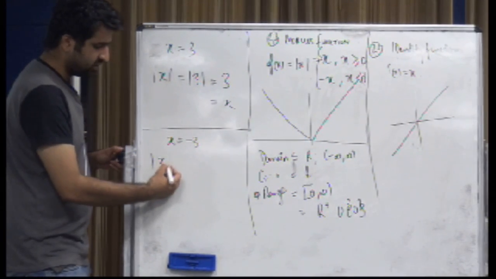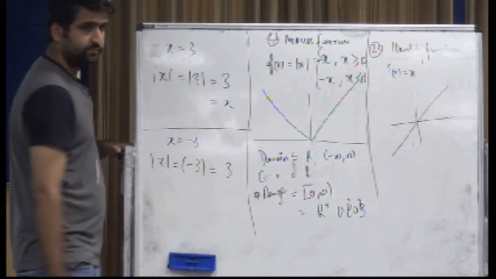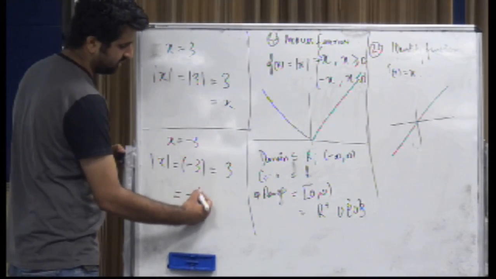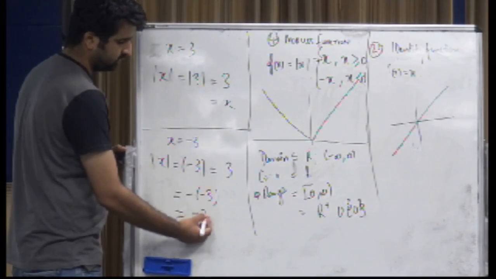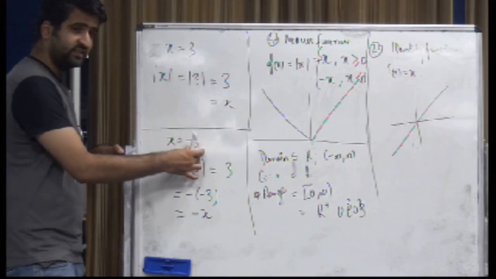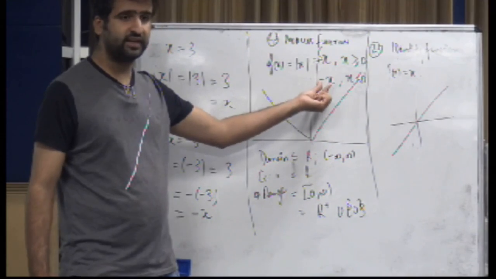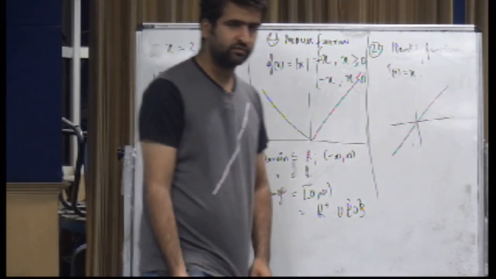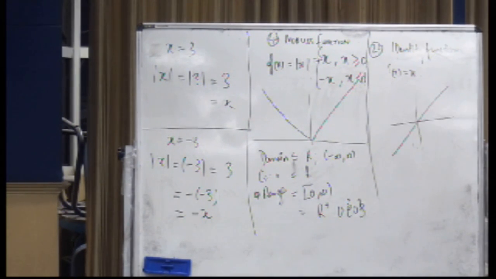If I take modulus of minus 3, I will get 3, which can be written like this: minus of minus 3. Now just remember that the value of x is negative. Now since value of x is negative, I have to put one more negative sign over here so that I can make it positive. When x is less than 0, that's why we put a negative sign in front. So mod x is equal to minus x when x is less than 0. So this is a modulus function.